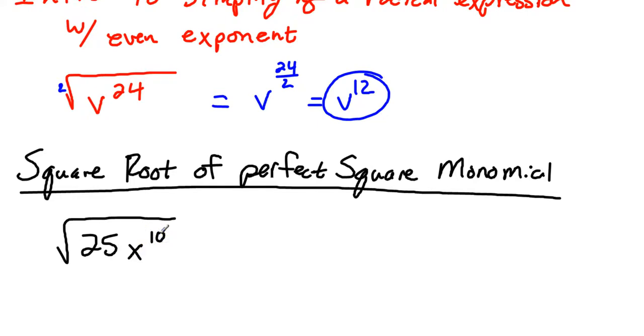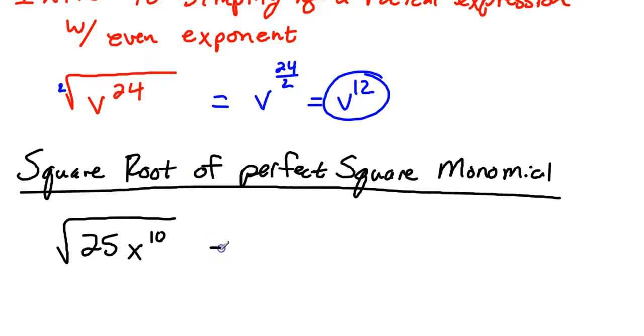You're going to do the square root of 25x to the 10. Again, this one says square root, not square roots with an S, so we're not worrying about the positive and negative. We're just going to get the positive.